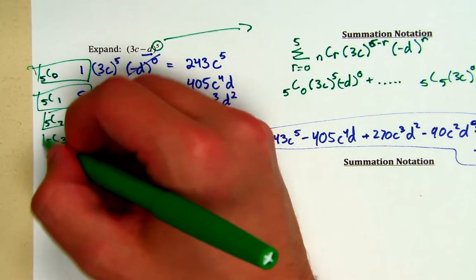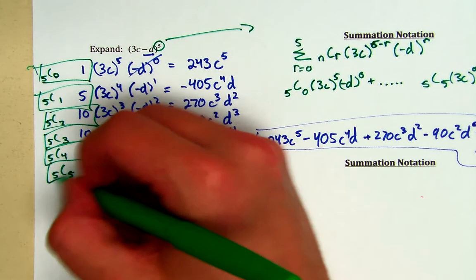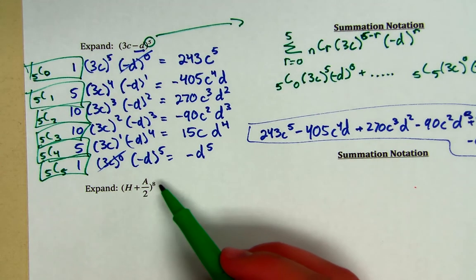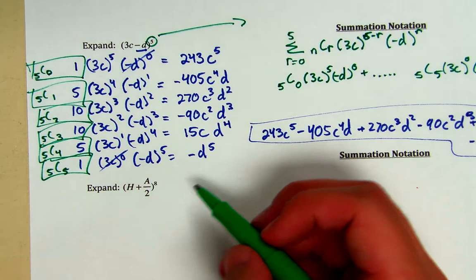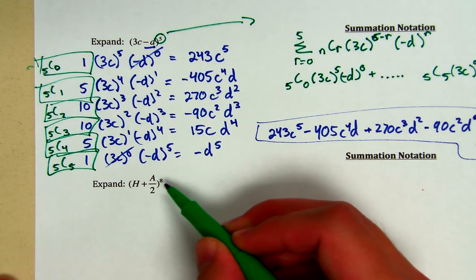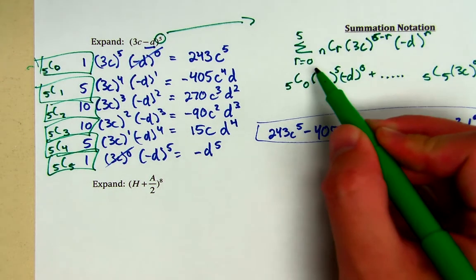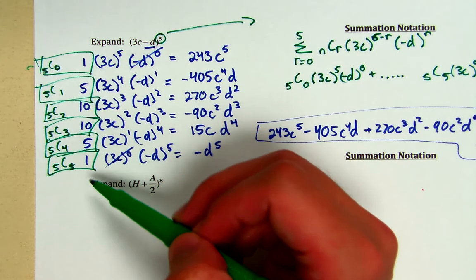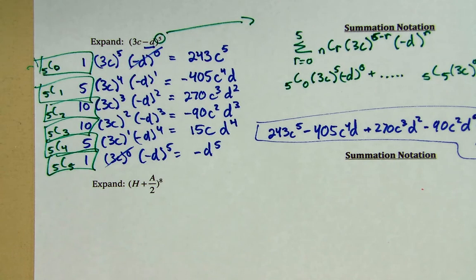Or, again, we took them from Pascal's triangle. However, something like this one, I didn't get the 8th row of Pascal's. And do I really want to sit there on a quiz getting every single row? No. So that's where using 8 choose 0, 1, 2, 3, 4, 5, 6, 7, 8 works.